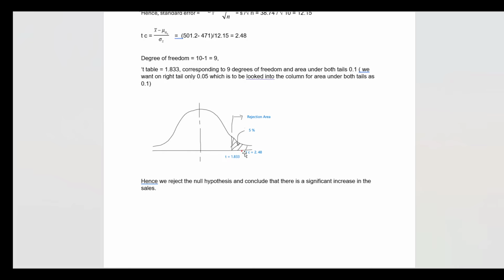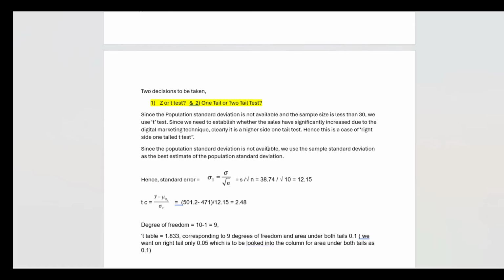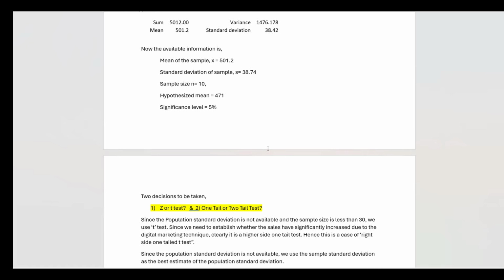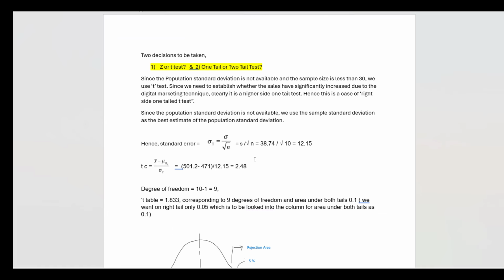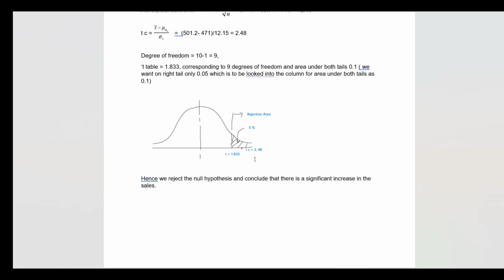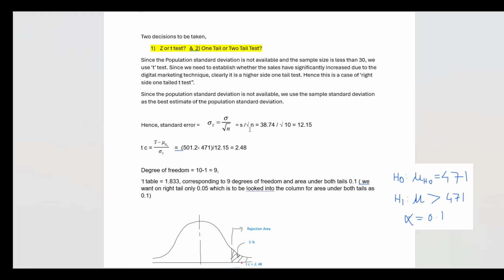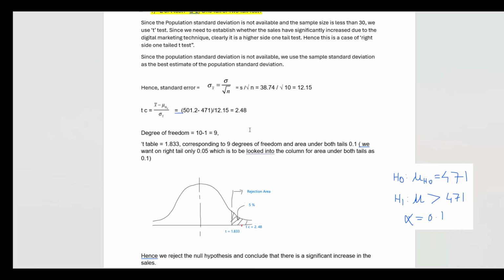Hence here we reject the null hypothesis, and the null hypothesis actually is not stated here. You have to state the null hypothesis. In this case it will be mu is equal to 471, and alternate hypothesis will be mu greater than 471.